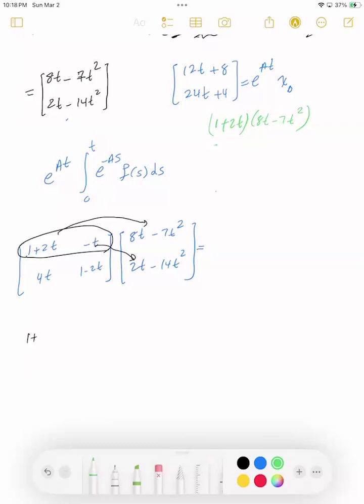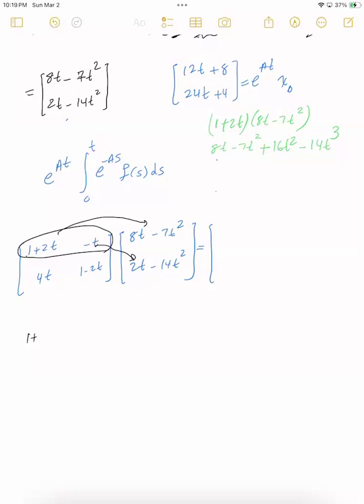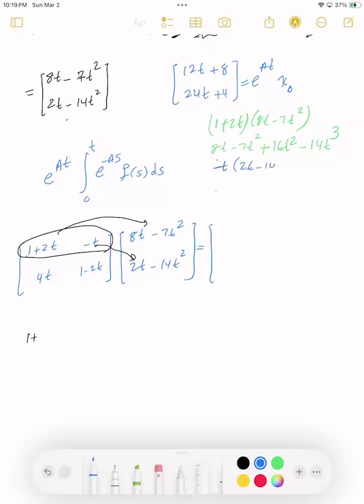So 1 times anything is itself. 2 times 8 is 16t squared. 2 times that is minus 14t. Let me multiply negative t as well. So I have to multiply negative t by 2t minus 14t squared. That is going to be negative 2t squared positive 14t.